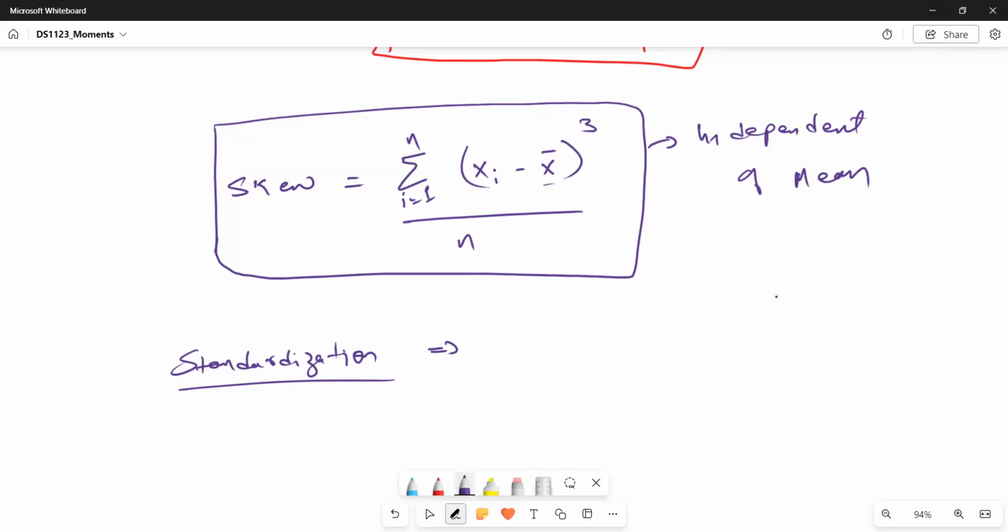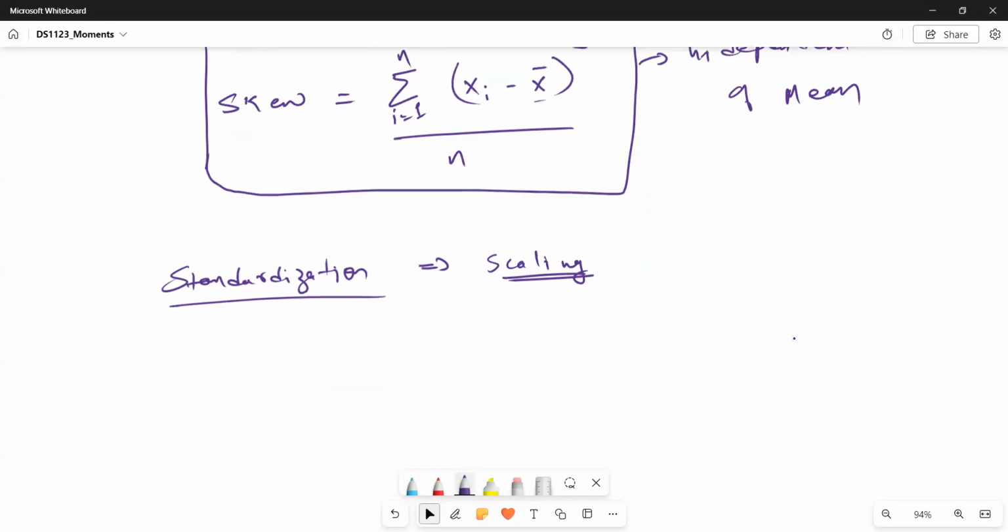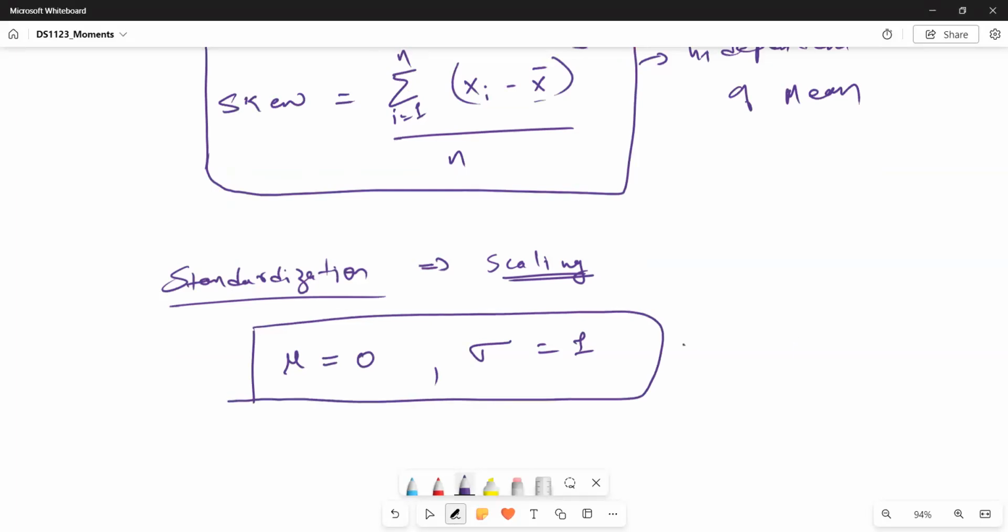So standardization is again another form of data scaling. And how standardization is done is basically if you apply standardization to any data, what will happen is the mean of the resulting data will be 0 and the standard deviation of the resulting data will be 1.